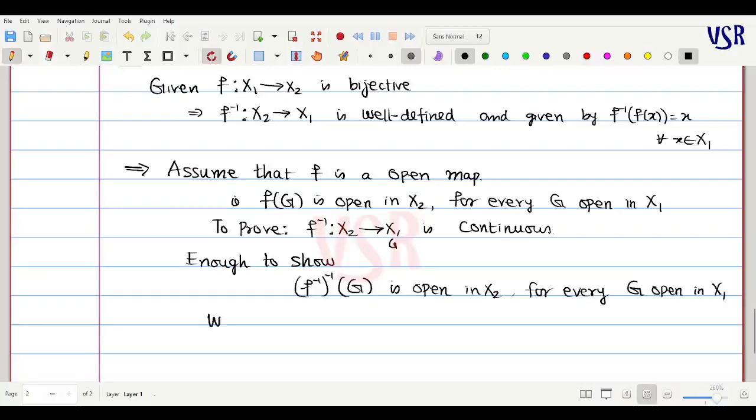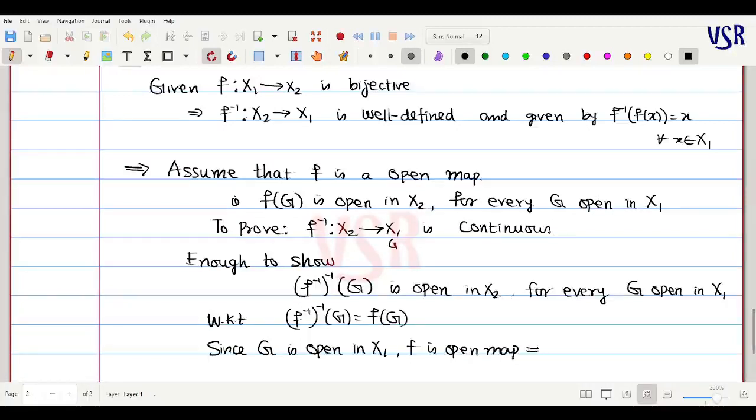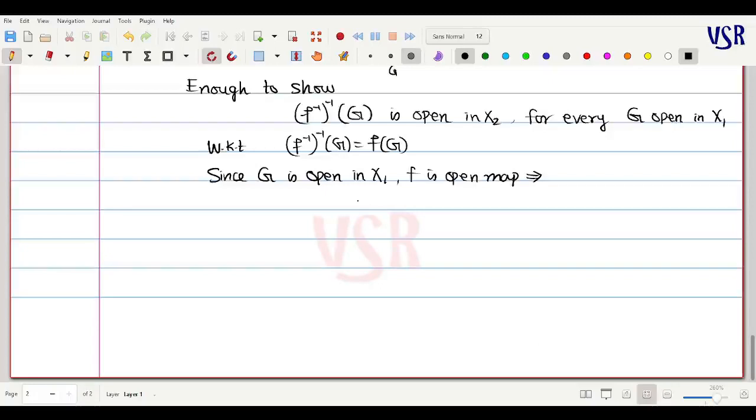We know that f inverse of G is equal to f of G. Since G is open in X1 and f is an open map, this implies that f of G is open in X2.